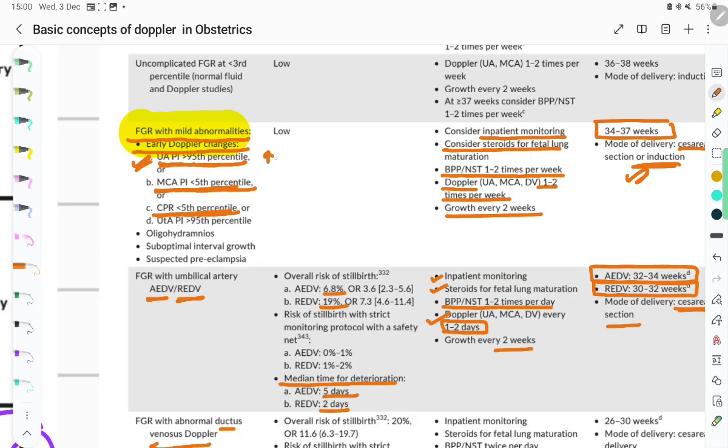That means high PI in the umbilical artery or low PI in MCA, and CPR is less than 5th centile, that is less than 1. For these conditions, I have told: admit the patient, consider steroid, BPP and NST 1 to 2 times, and do Doppler 1 to 2 times per week.